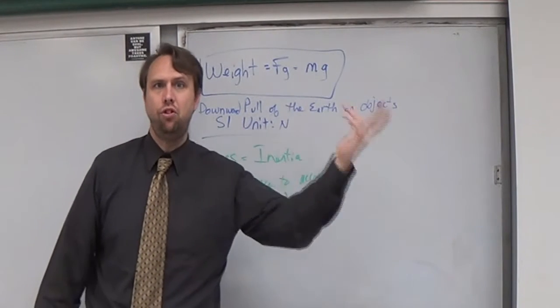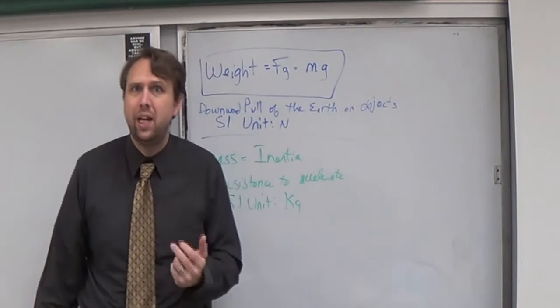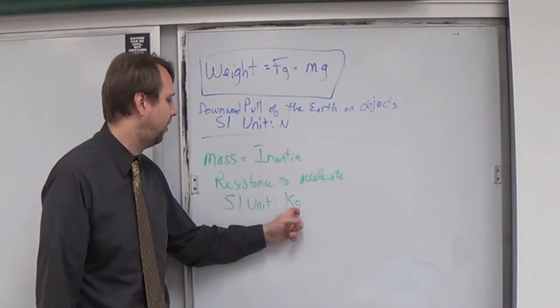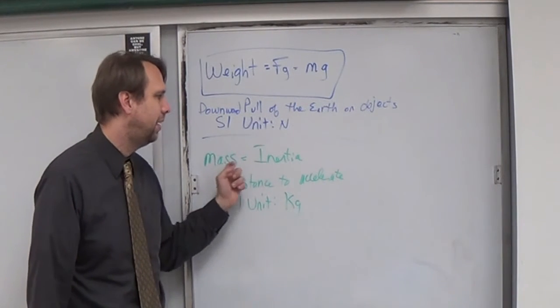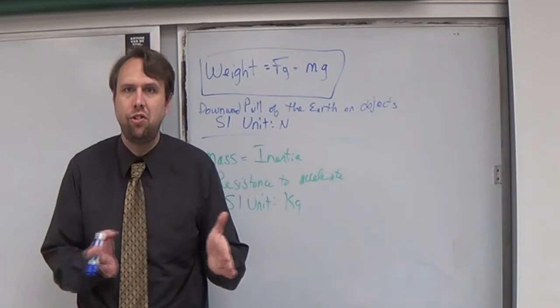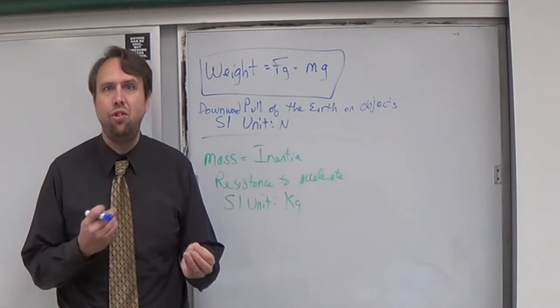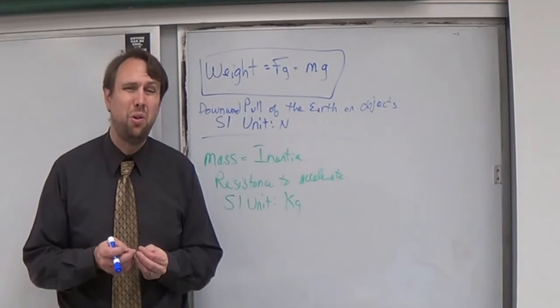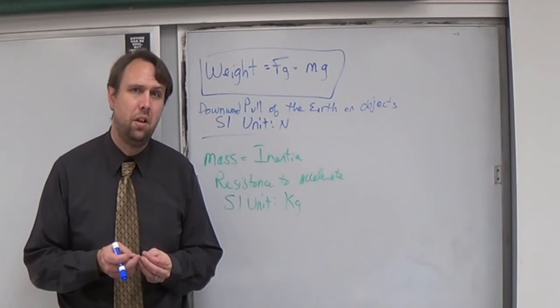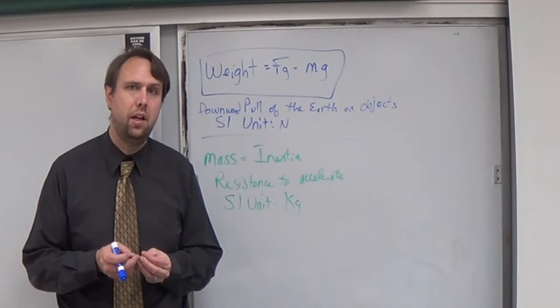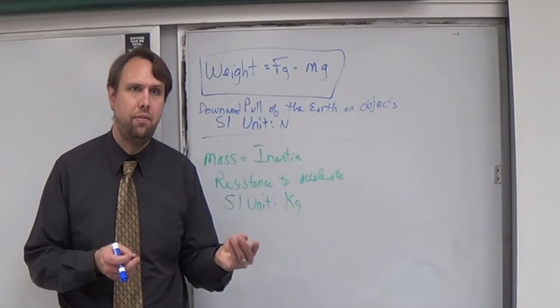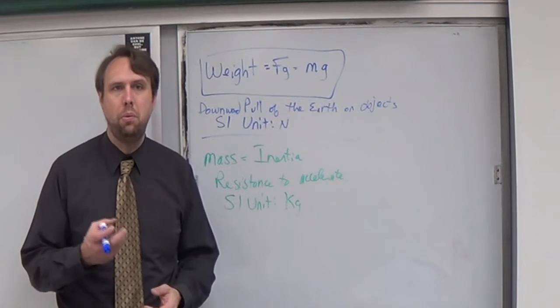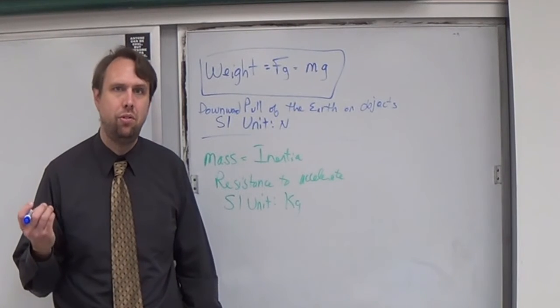The force of gravity should be in newtons and is a weight. And if you see a kilogram, you need to realize that's a mass. It's inertia, it's resistance to accelerate, and you can't just use them interchangeably or your whole problem will be wrong. So anytime we want to calculate a weight, we have to use a Newton. Anytime you want to have a mass, you use a kilogram.